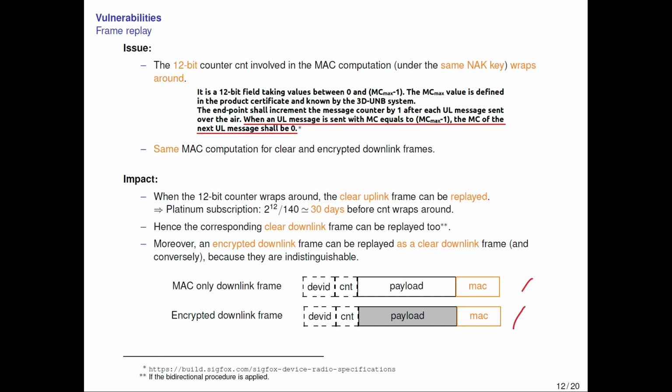So, let us imagine that an end device sends encrypted uplink frames, receives encrypted downlink frames, and up to some point deactivates encryption. The end device expects now clear downlink frames. If the counter rolls over, then previous encrypted downlink frames can be replayed by an adversary to the end device. The end device will accept these frames since their MAC tag becomes valid anew.